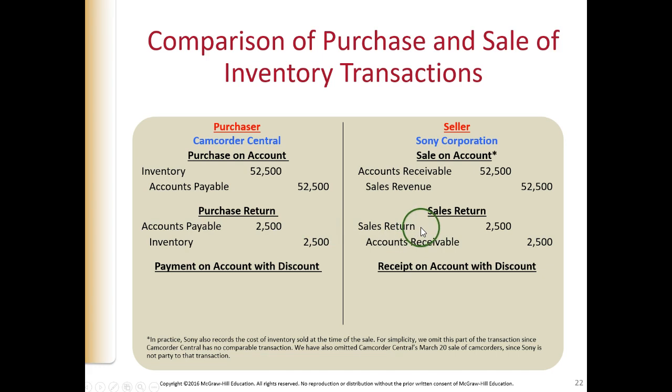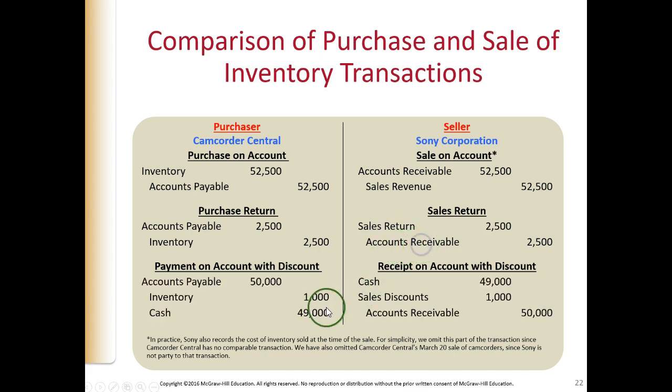The seller, on the other hand, when receiving this inventory, would debit this as sales returns and also credit accounts receivable. A discount, if the discount $50,000 that we owe, $52,500 minus $2,500, we still owe $50,000.